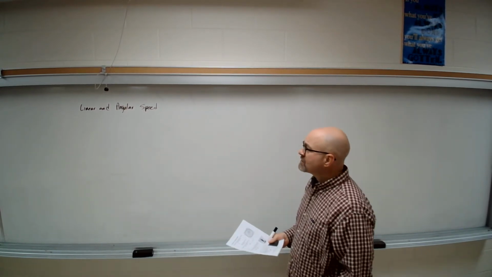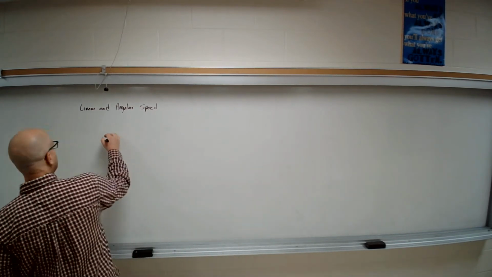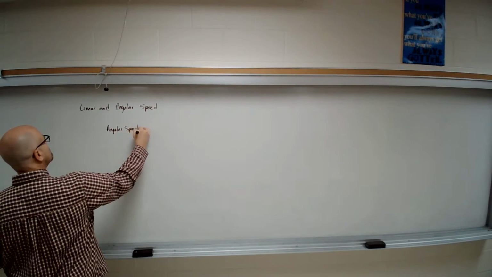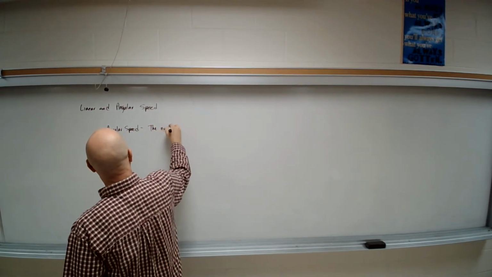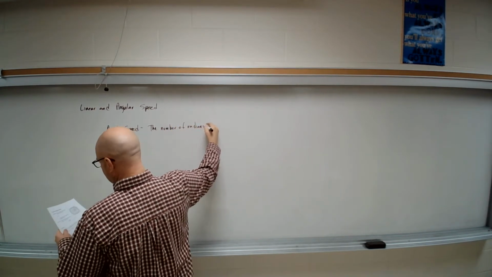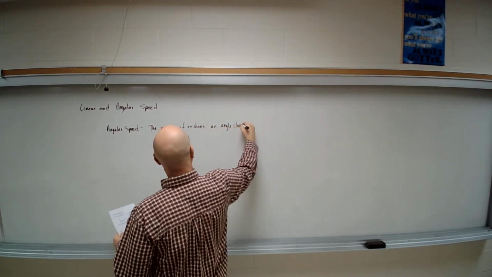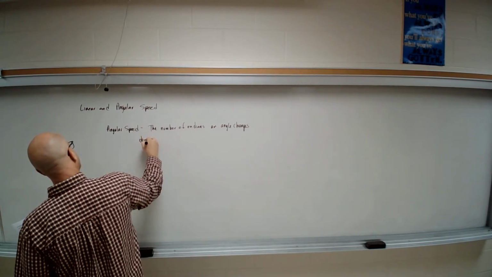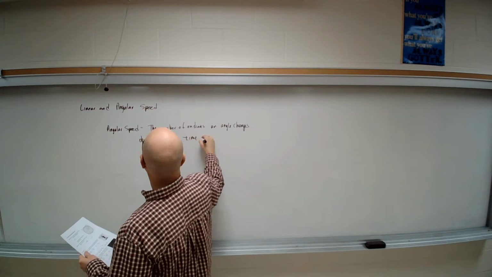Okay, so the first, though, is our angular speed, which might be a new concept for us. And the angular speed, as it says there on your note sheet, would be the number of radians in angle changes divided by the time elapsed.